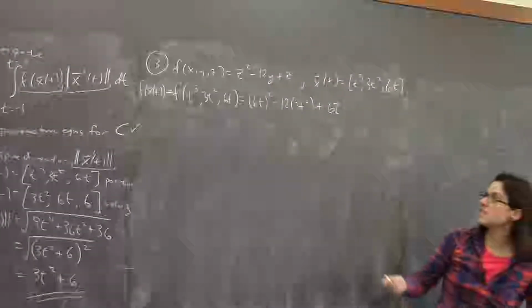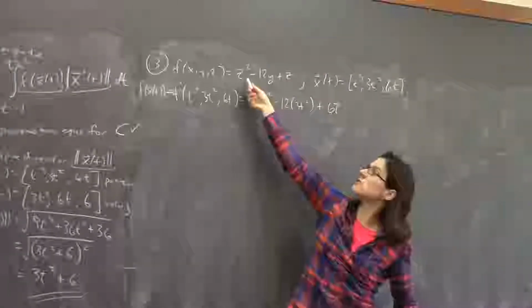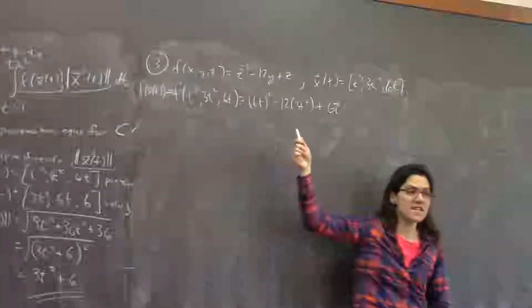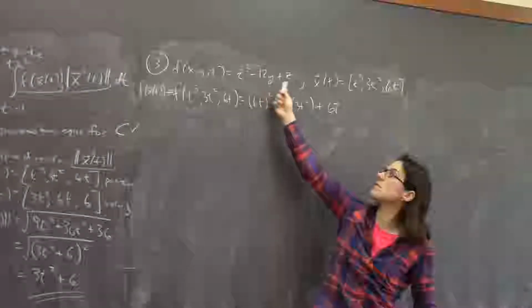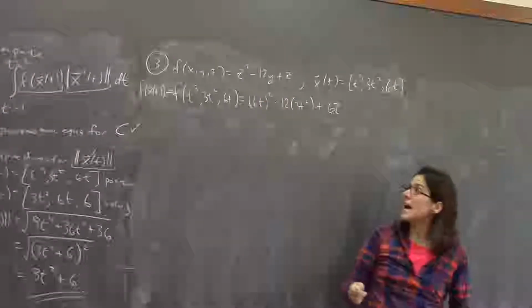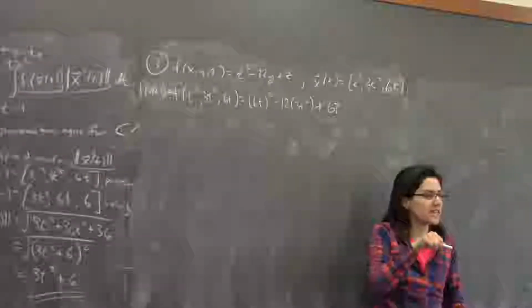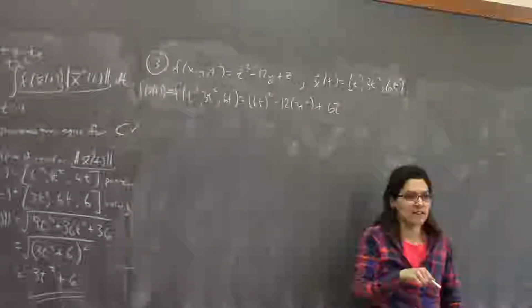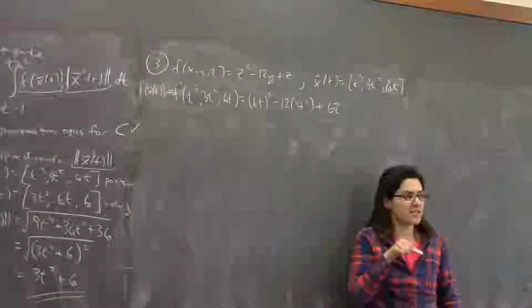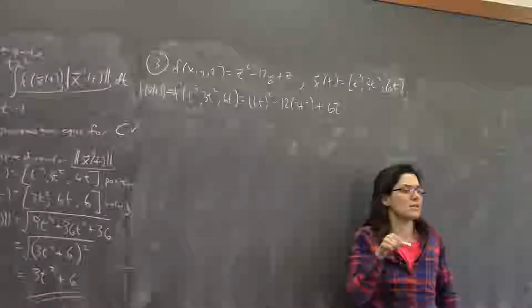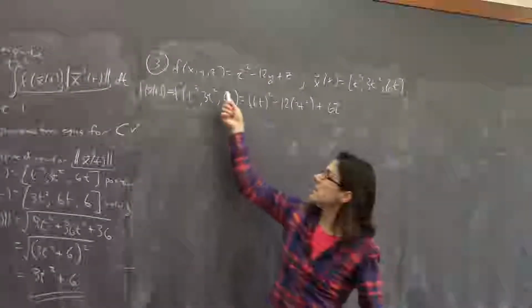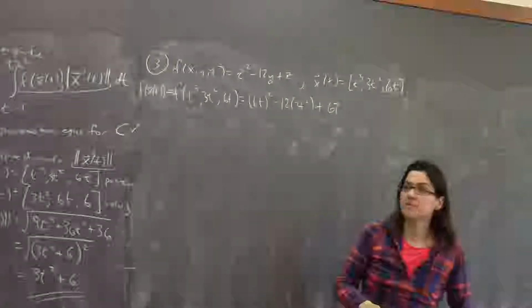Okay, so the idea of this is that we knew what the function value was at any point x, y, or z. It was this thing, z squared minus 12y plus z. But now, in order to compute this integral, we want to know what the function value is at each time. Hey, it's 1 o'clock. What is our function value? Hey, it's 1:01. What is our function value? So this tells us our function value is a function of time.